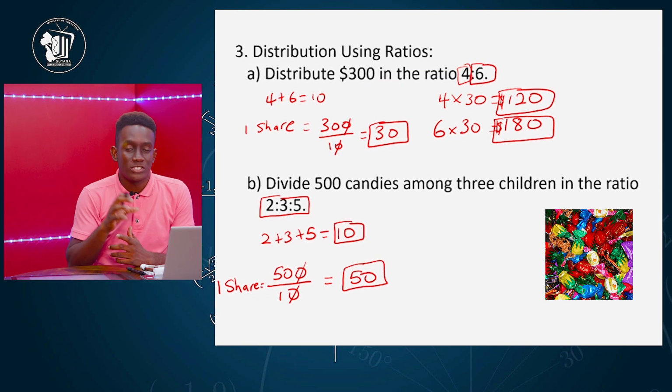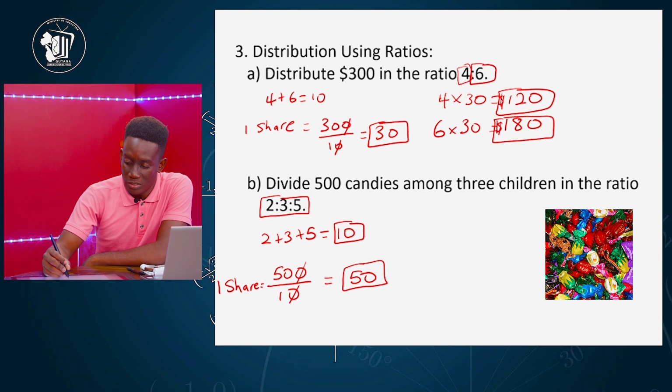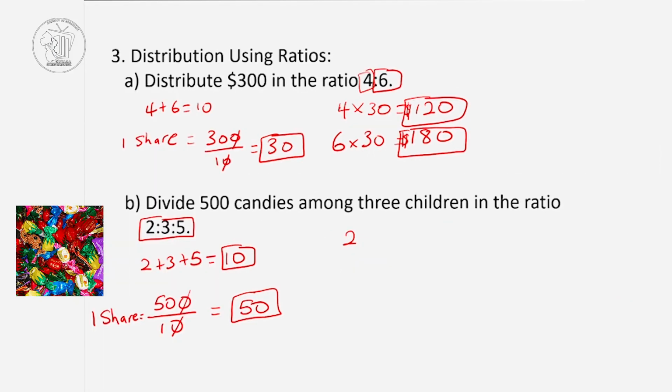To find each individual share, the 2, the 3, and the 5: 2 times 50 gives you 100. Then we use the 3: 3 times 50 is 150. And 5 times 50 is 250.